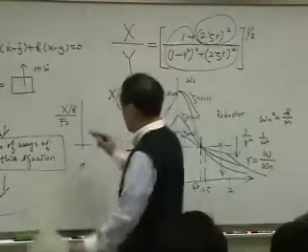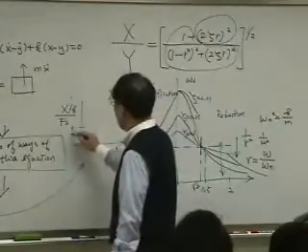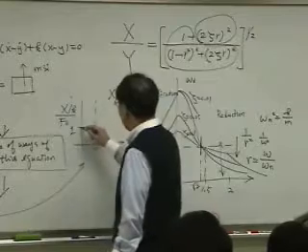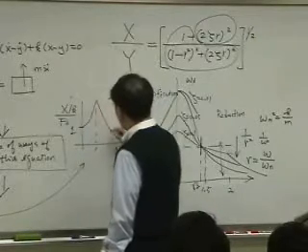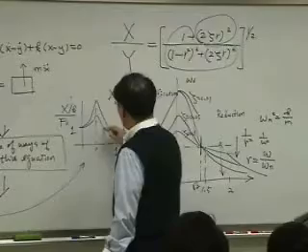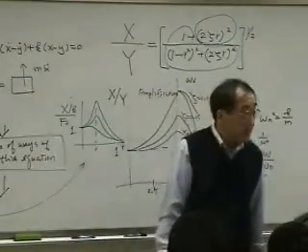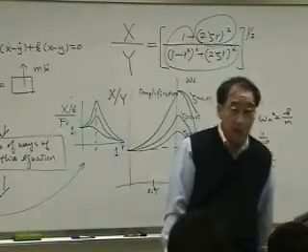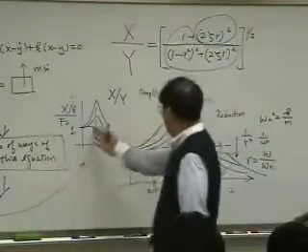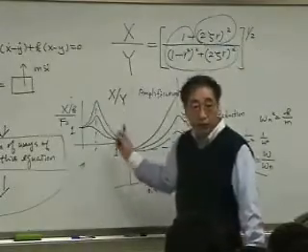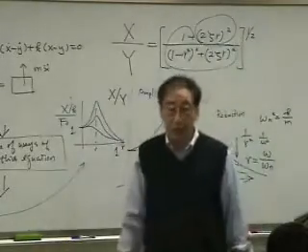The curve looks like this. This is 1. And this is 1. R. I have a curve. This. Okay? Remember? Meaning that at low frequency, the behavior is similar, at high frequency, the behavior is different.